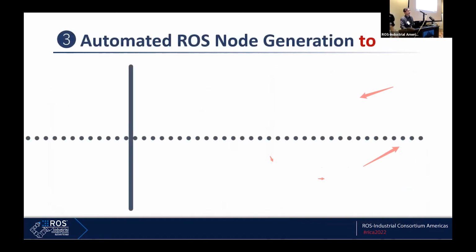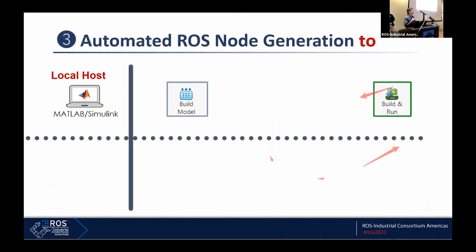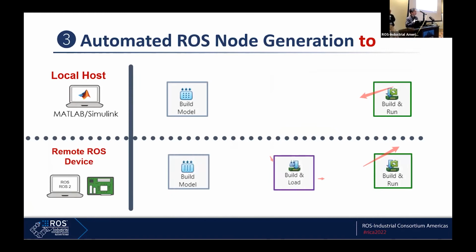As I said, there are multiple ways you can deploy your ROS code to your local machine, and also to a remote ROS device. There are options to build only, and also build and run. Say, for example, the ROS device or my robot is not connected yet.